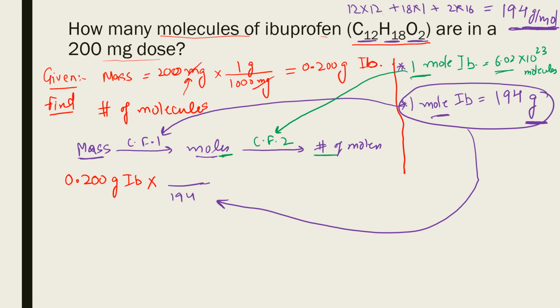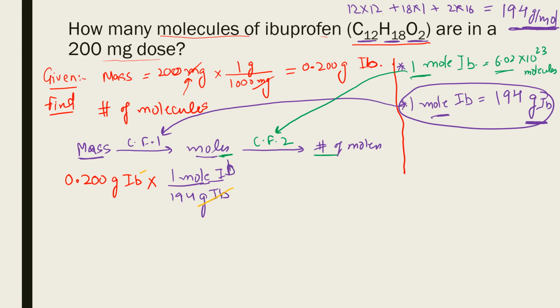So 194 grams of ibuprofen should be in the denominator because we want to cancel grams, and on top will be 1 mole ibuprofen. So now grams of ibuprofen cancels with grams, and we are left with moles.